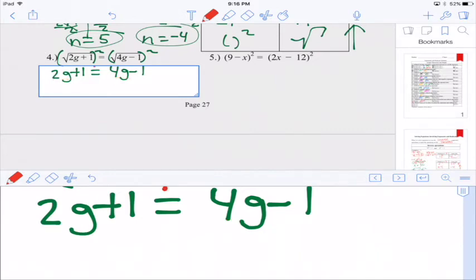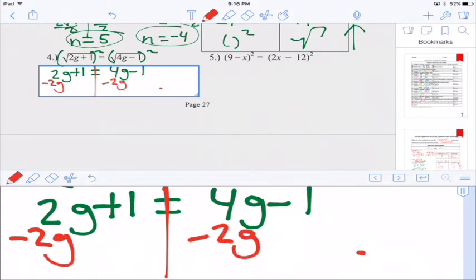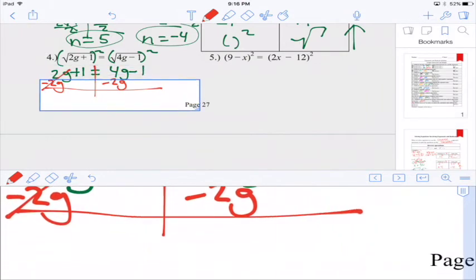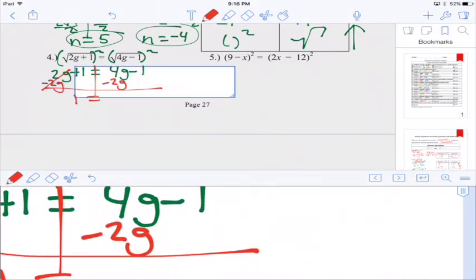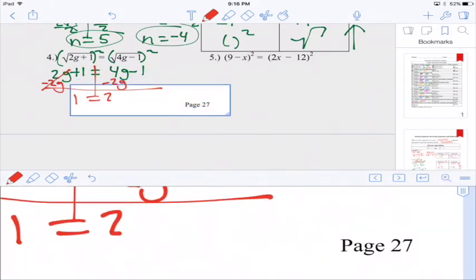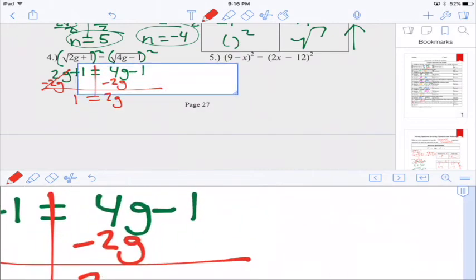So I need to remove the variables from one of the sides. So I'm going to remove 2g from the left side, which means I need to remove 2g from the right side as well. Well, 2g minus 2g cancels. I'm just left with 1. On the right side, I got 4g minus 2g is 2g, and I also have another minus 1.